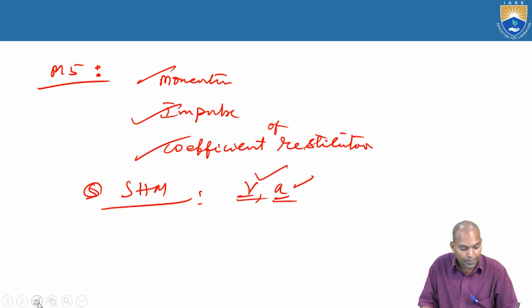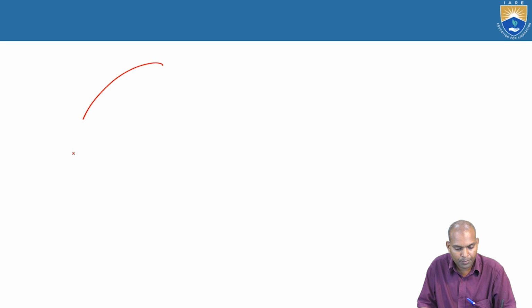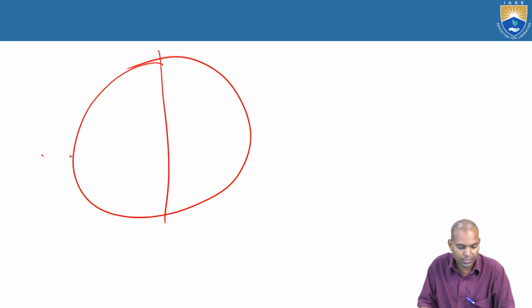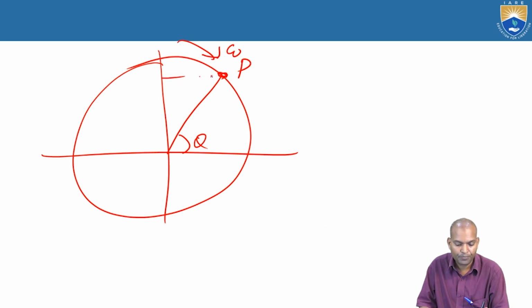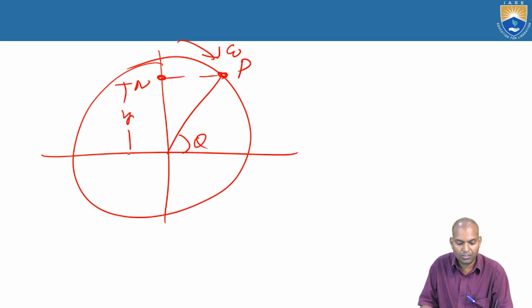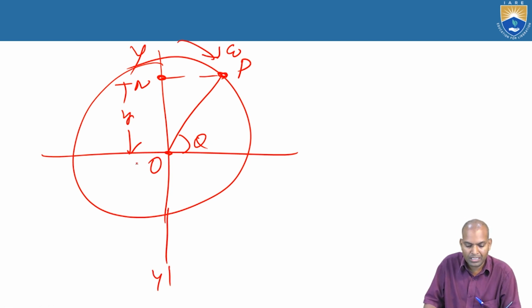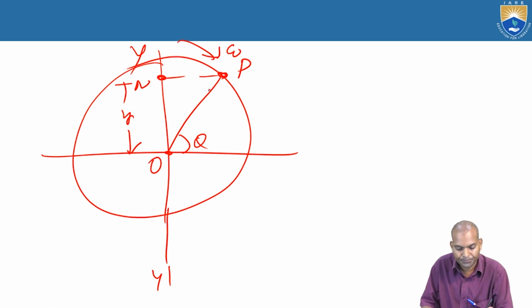Coming to simple harmonic motion problems, this case study is very important. When a particle is moving in a circular direction along the circumference of the circle with uniform angular velocity, making an angular displacement theta, then the motion of the particle N, at a distance of y from O along the y dash axis, is a simple harmonic motion.